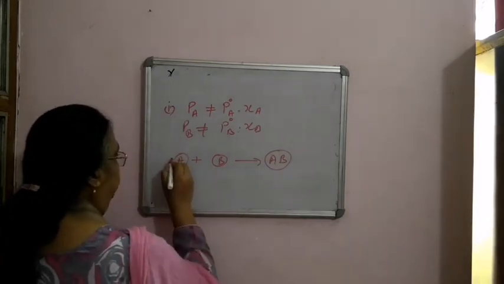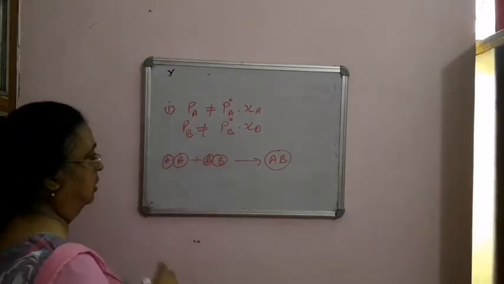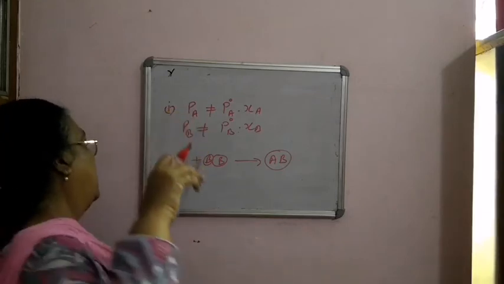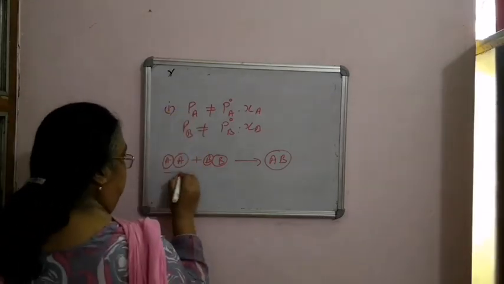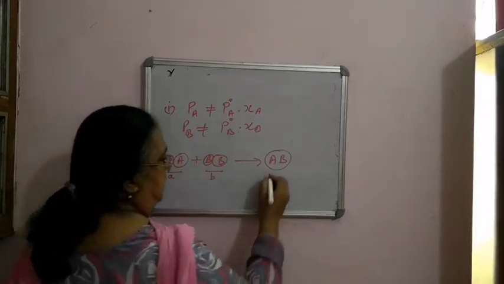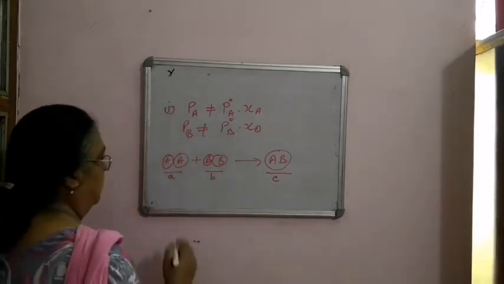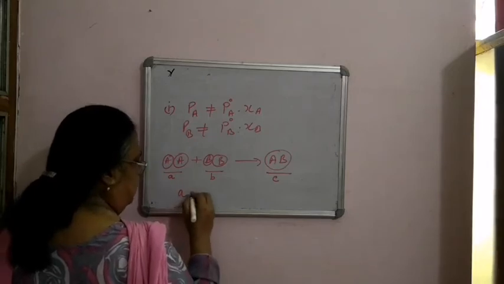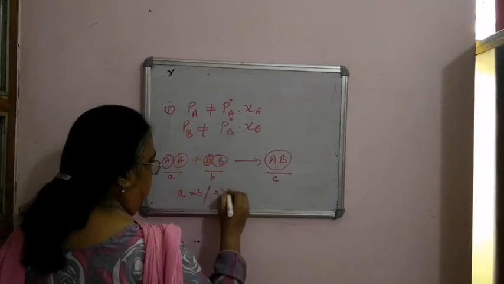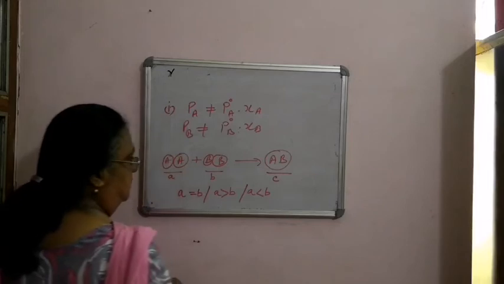If the interaction forces between AA molecules and AB molecules are not the same. Now here, if this has some interaction force, say A, this has some interaction force, say B, and this has some interaction force, say C, then A may be equal to this, or A may be greater than this, or A may be less than B.